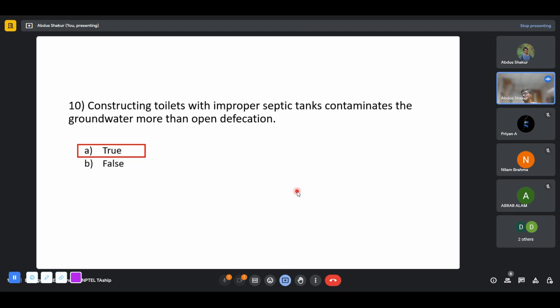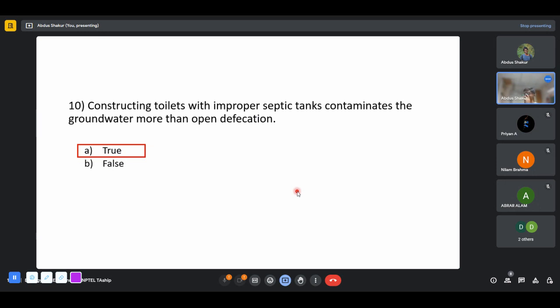Open defecation might not seep that much, because most of the time it will be consumed by other organisms, either insects or other groups of taxa that rapidly remove most of the feces. In contrast, with septic tanks that are not properly sealed at the bottom, the leaks contaminate the groundwater. So in terms of groundwater, improper septic tanks contaminate it a lot more than open defecation.